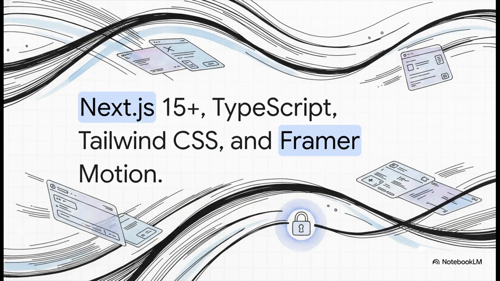So, when you put it all together, Next.js 15+, strict TypeScript, Tailwind CSS for rapid styling, and Framer Motion for those really buttery micro-interactions, developers are laying the ultimate foundation for a wildly performant, visually stunning web app. Every single hover, tap, and page transition is purposefully designed to feel premium, frictionless, and totally secure.